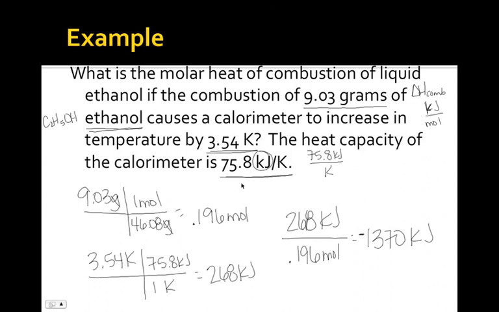And so we're basically saying that the heat gained by the calorimeter, which is the positive 1,370 kilojoules, is equal to the heat lost by the combustion reaction, which would be same size, opposite sign.